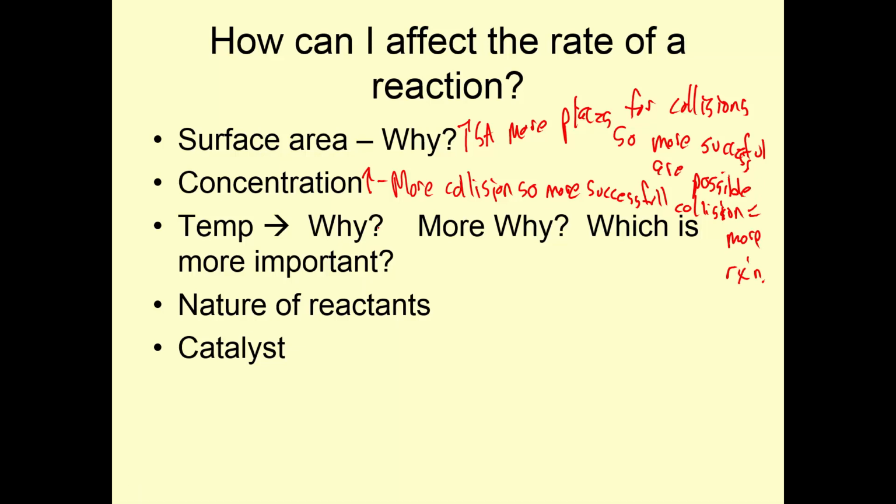Temperature. If things move faster, that means more collisions. Now, faster also means not only that you have more collisions, but in addition to that, more collisions that occur are successful.